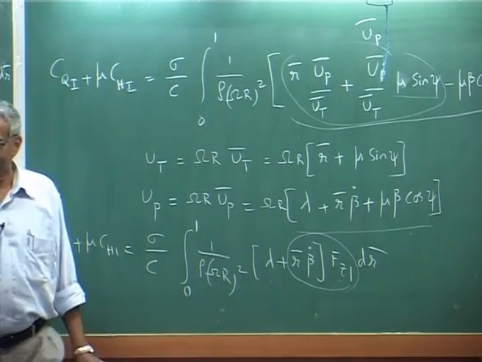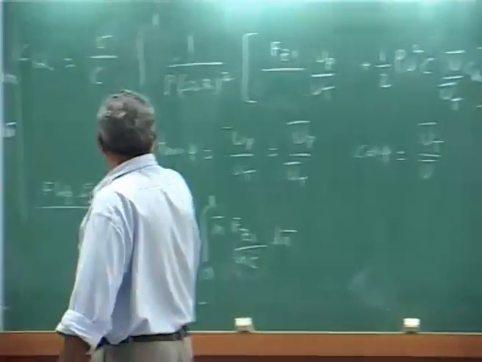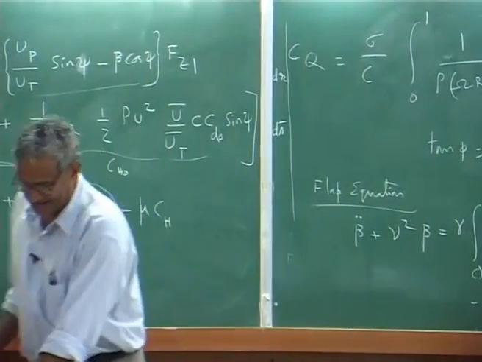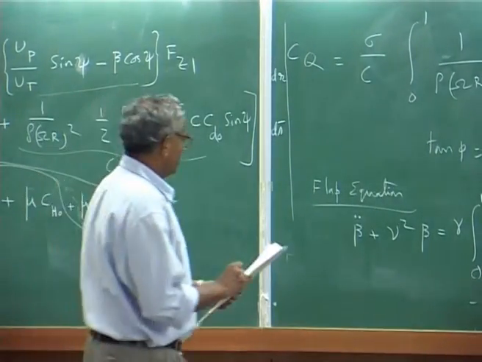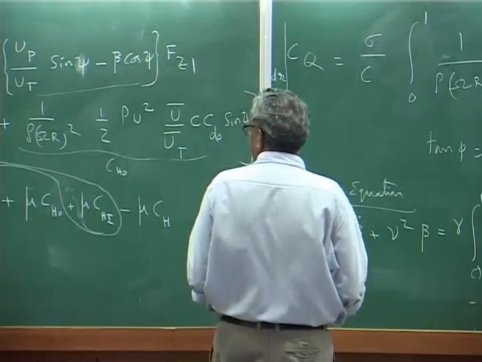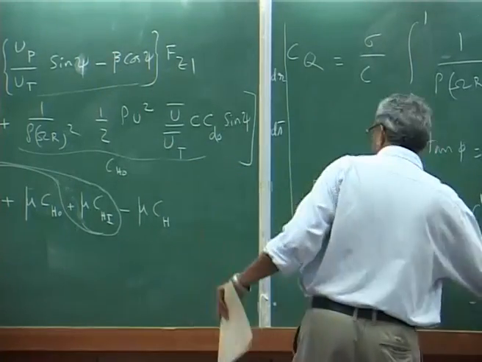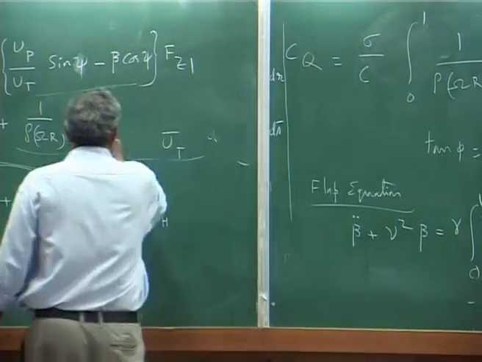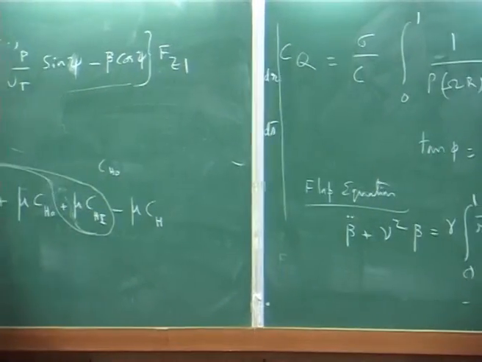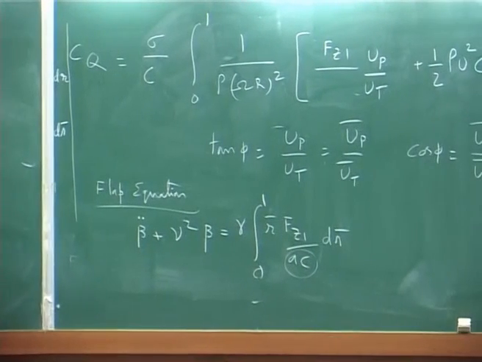Because of the lack of space, I do not know where to erase, let me erase this. I will just show this because it is a very interesting thing, and these are all practically valid.